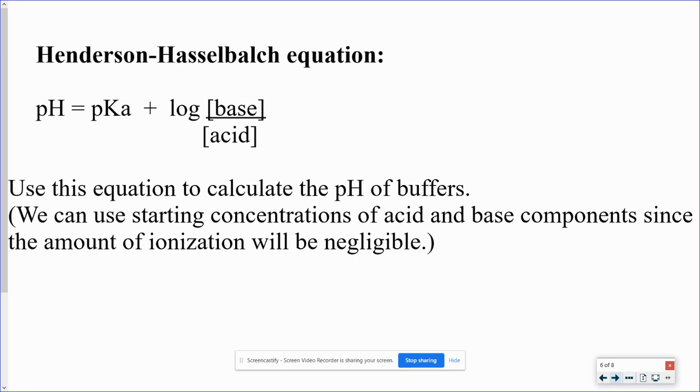This Henderson-Hasselbalch equation is a shortcut for calculating the pH of buffers. You can only use it with buffers.